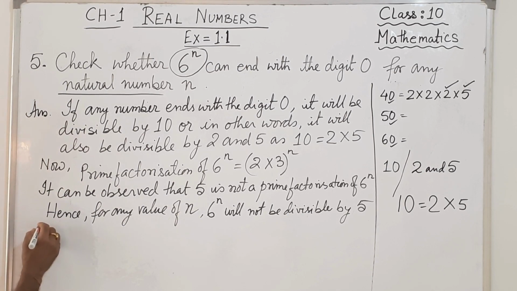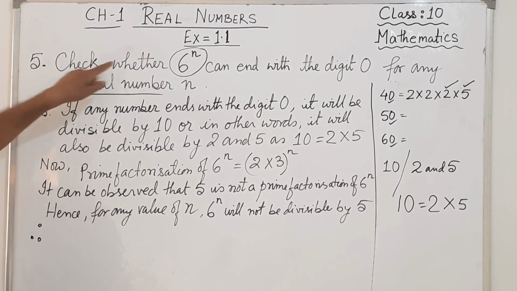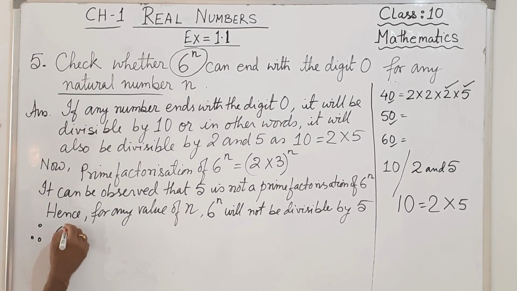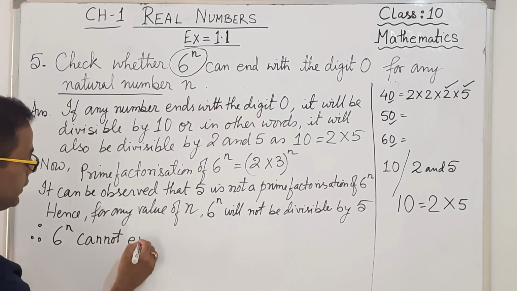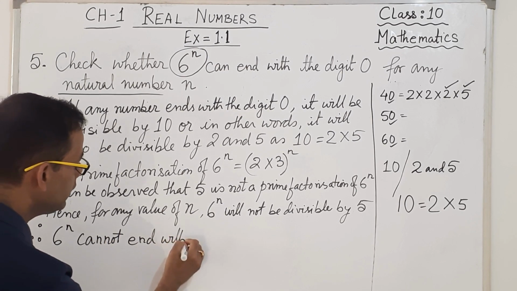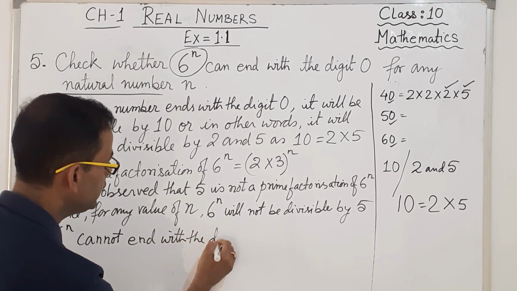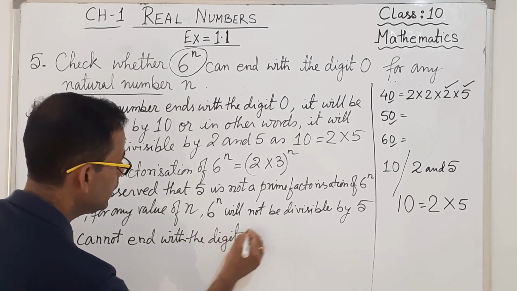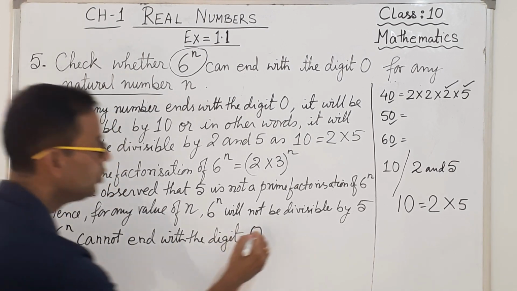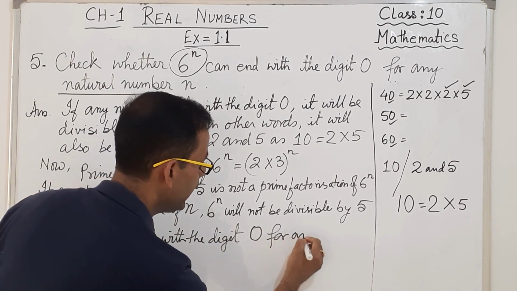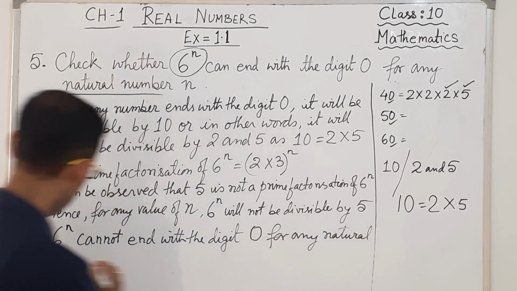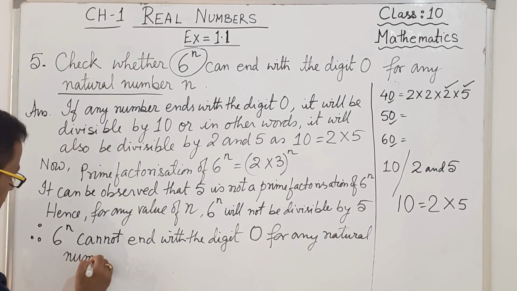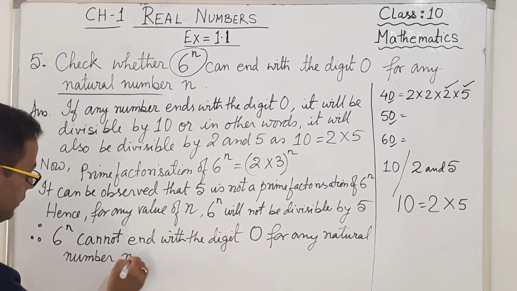Therefore, see the question: 6 to the power n cannot end with the digit 0 for any natural number n.